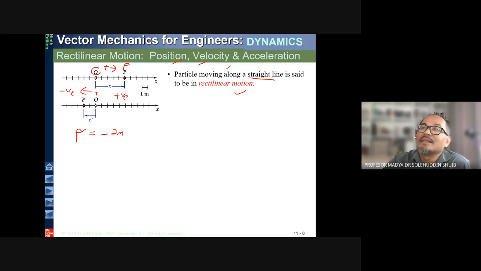So I will say this is positive 5i meters, and here the position is minus 2i meters. In the tutorial or assignment that I have given to you, the way we show it is to make sure you really understand every item that I have mentioned just now.